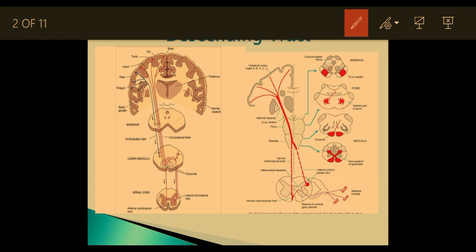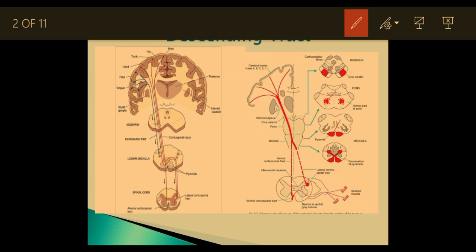So it is a bundle of axon fibers within the CNS, which has a common origin and a common termination, which conveys the motor impulse from the higher center to the lower center, and which connects two masses of gray matter, moving downward through the CNS.